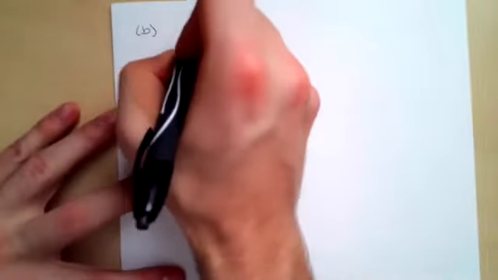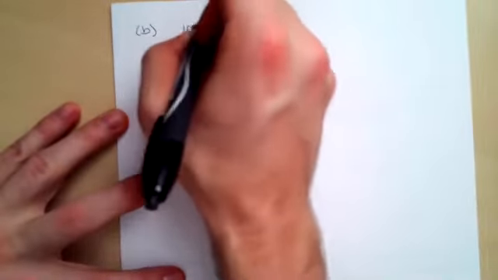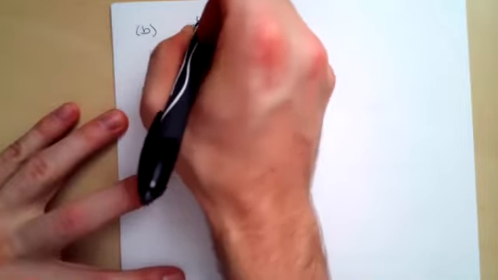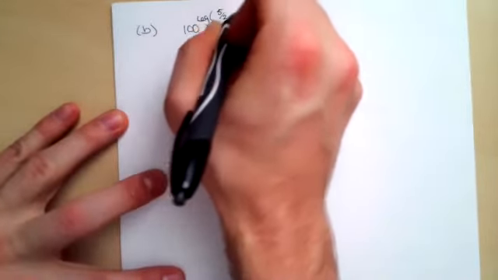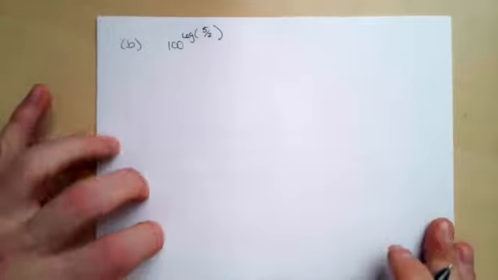B has 100 to the log of 5 halves. So the things we want to look for in simplifying these expressions are anytime I have logs and exponentials playing together in some way, if I have a log and an exponent, or if we have an exponential operation inside of a log, there's going to be a simplification.